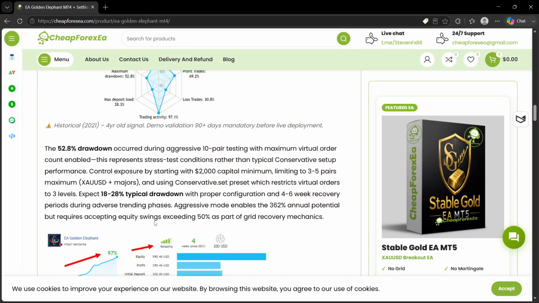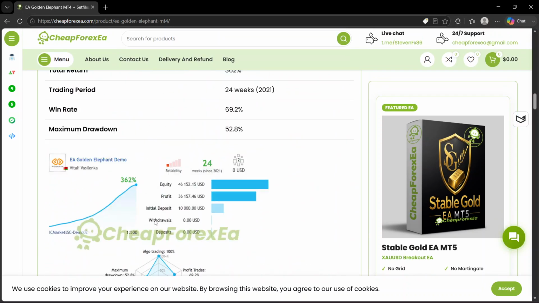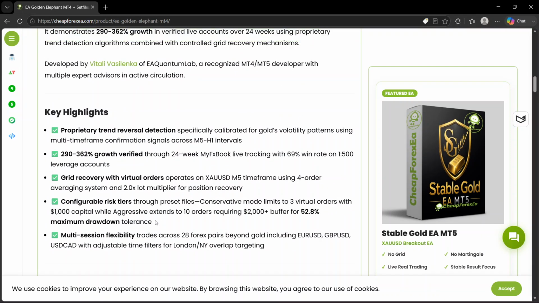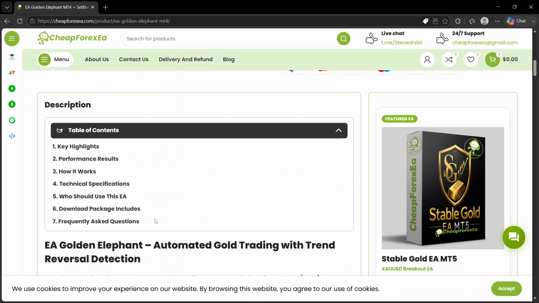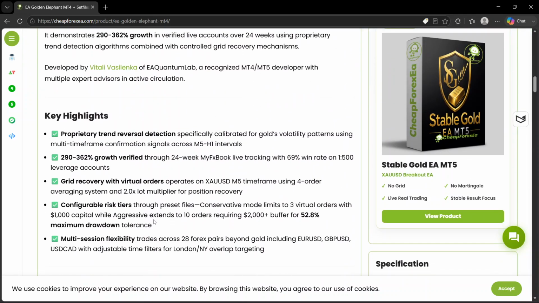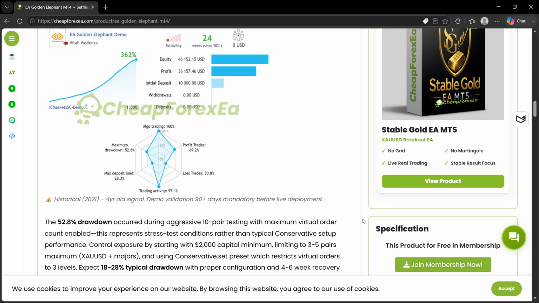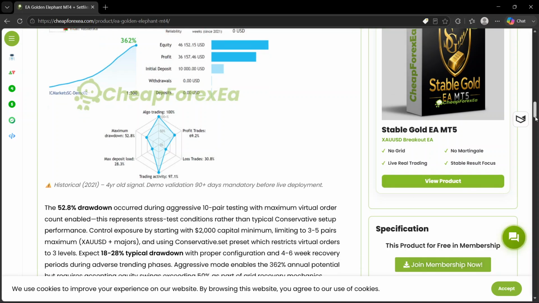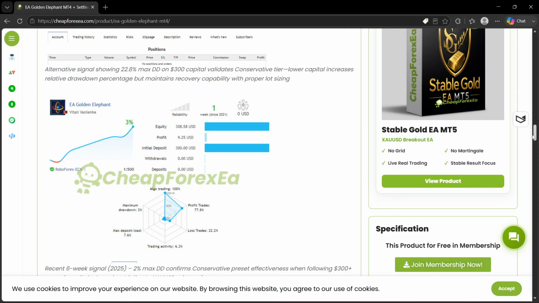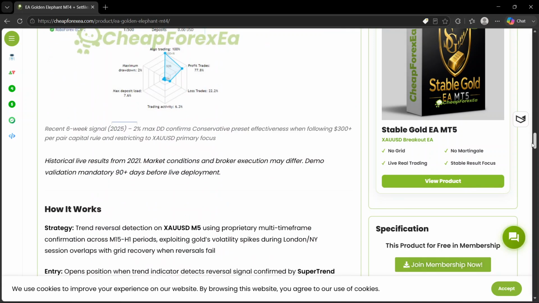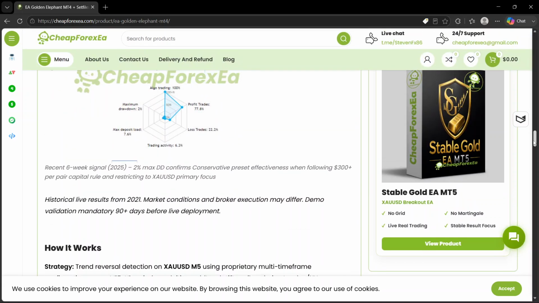Now, the most important thing: does it work? Going over the page, I see MyFXBook results, but they are mainly just screenshots. I could not find the link on the page, so all this is basically just hearsay from the developers.